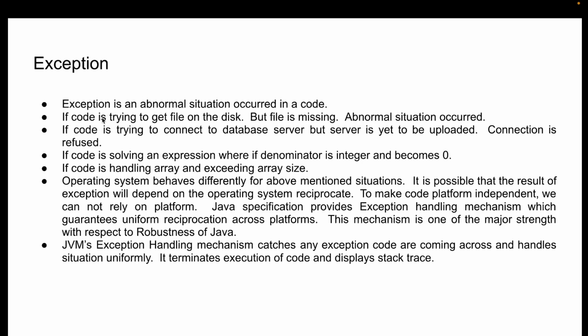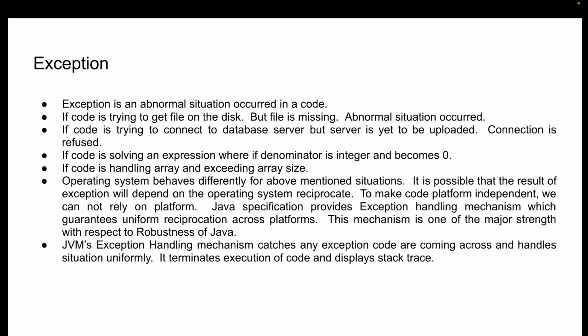If code is trying to get a file on the disk, but the file is missing, an abnormal situation occurs. Suppose you are trying to read through a file. You have kept one of the files in one of your document folders or in your workspace. In Java there are mechanisms through which you can read through a file, but the file itself is missing, or the path that you have provided to read the file is wrong.